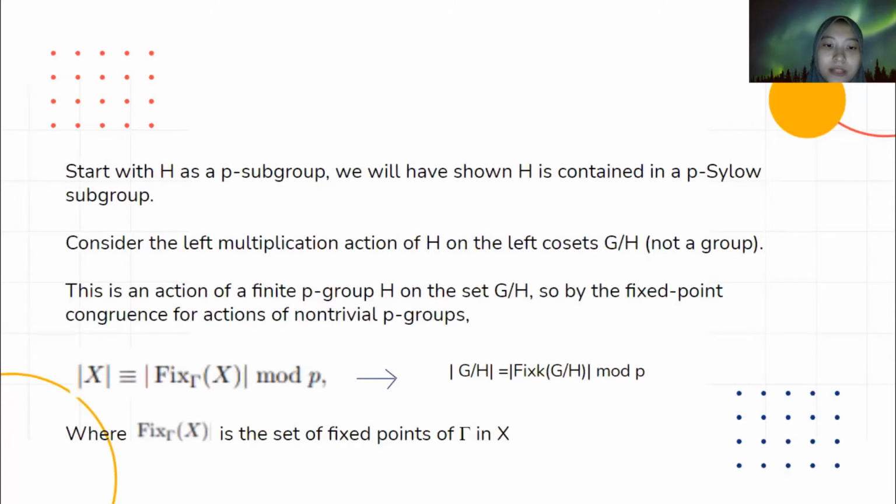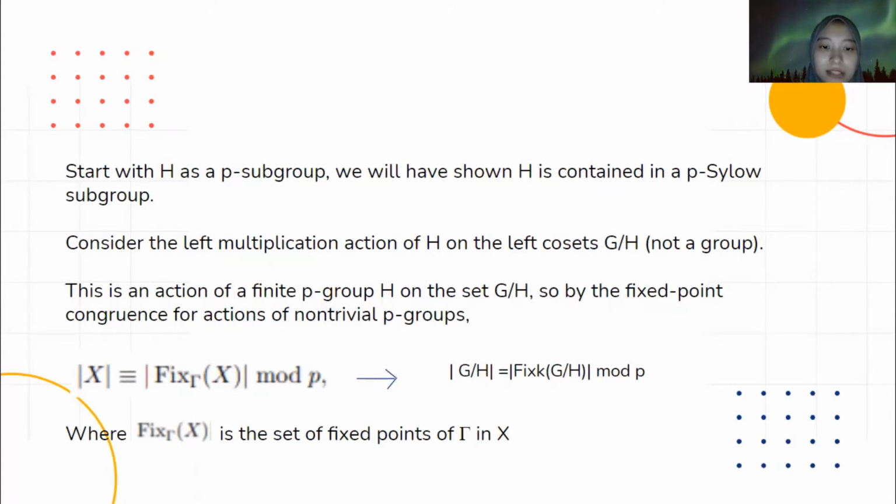And if we start with H as a P subgroup, we will have shown H is contained in a P Sylow subgroup. Consider the left multiplication action of H on the left cosets G over H. This is not a group.